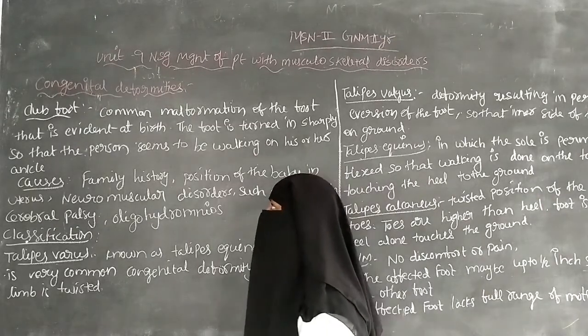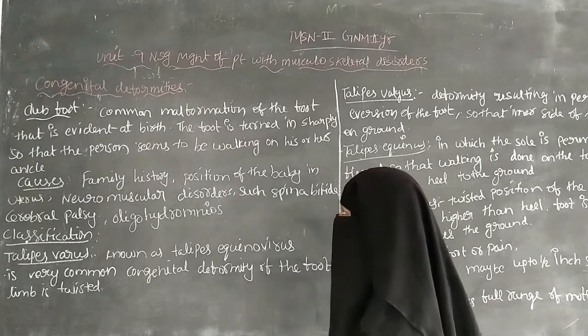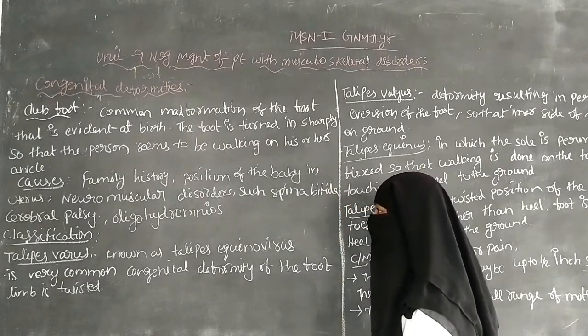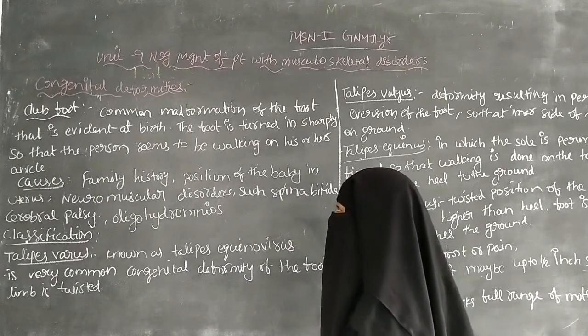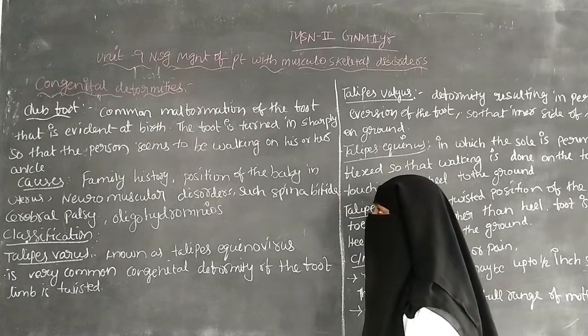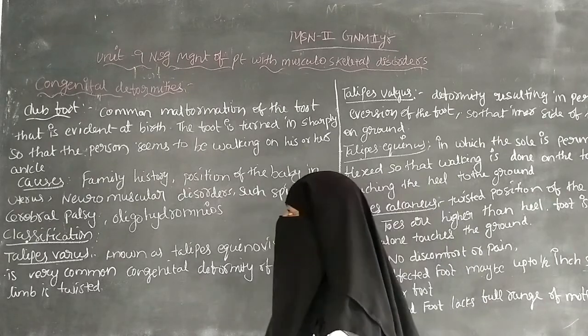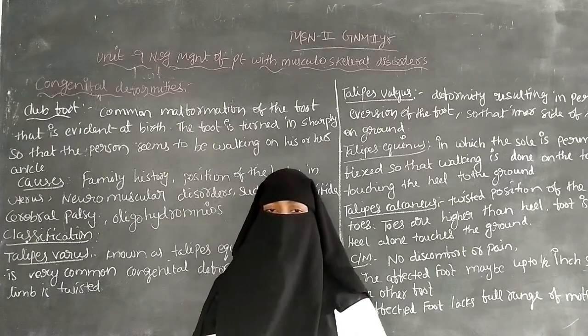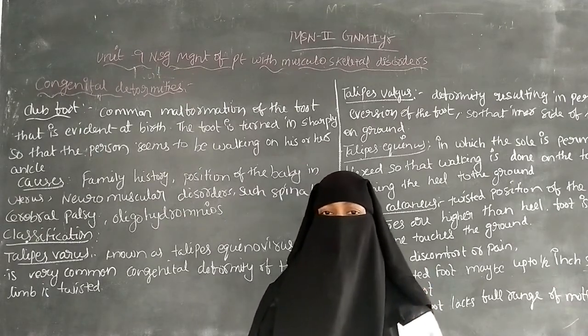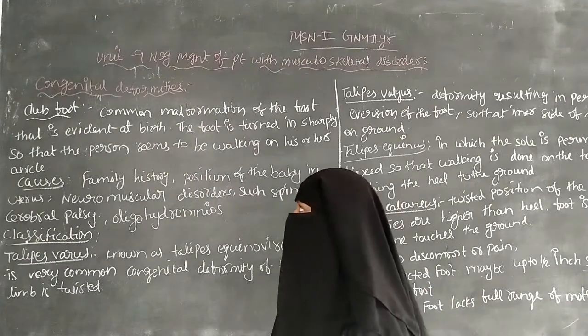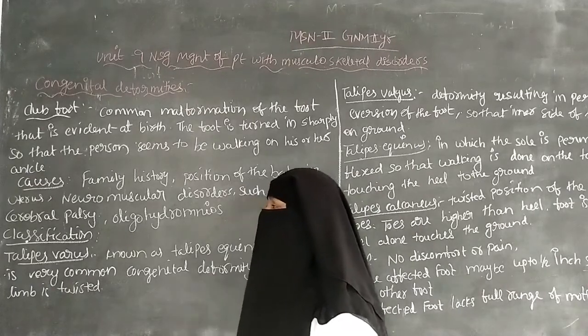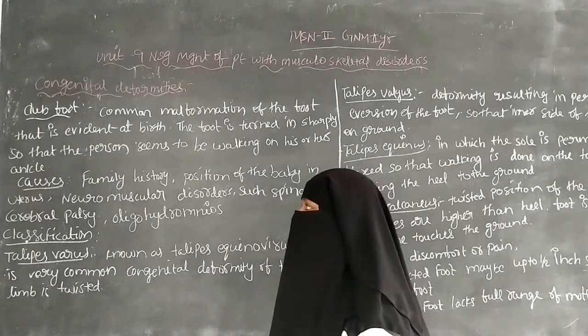Clubfoot means there is a common malformation of the foot that is evident at birth. So the foot becomes abnormal at the birth of the baby, with abnormal development of the foot.